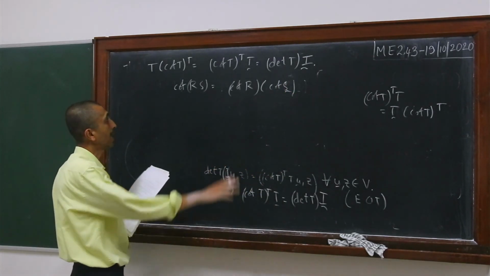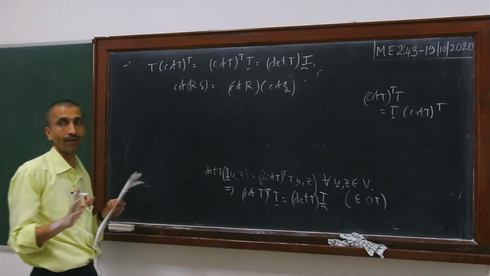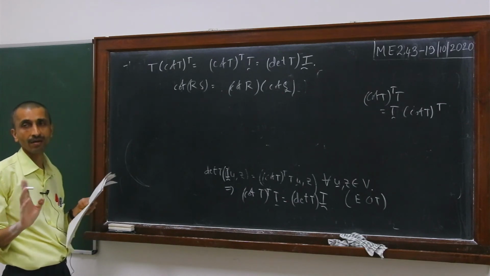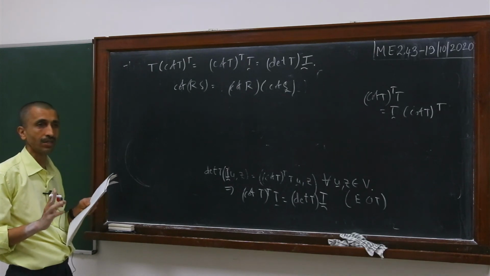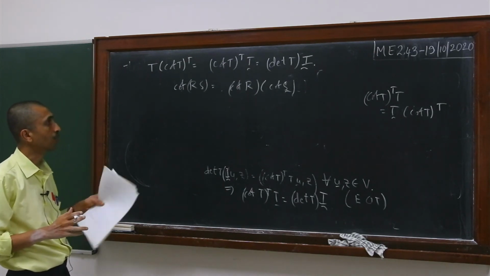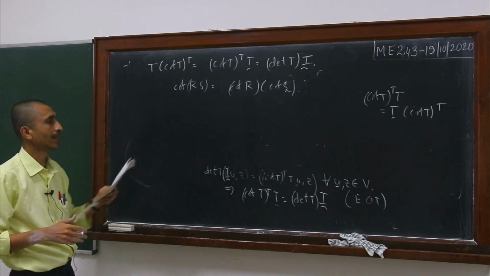You cannot write this as cofactor S times cofactor R, because R times S is not the same as S times R. Tensor multiplication is not commutative, so you have to maintain this particular order: cofactor RS is cofactor R times cofactor S.